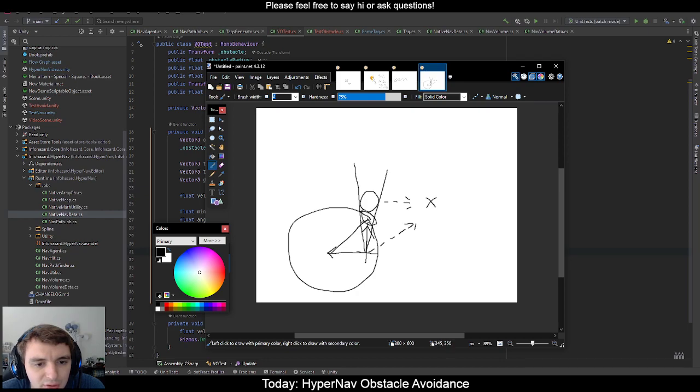this vector, the vector from here to here, is closest to my desired velocity. Or I guess you could also say where this vector is closest to this vector. That'll actually be easier.